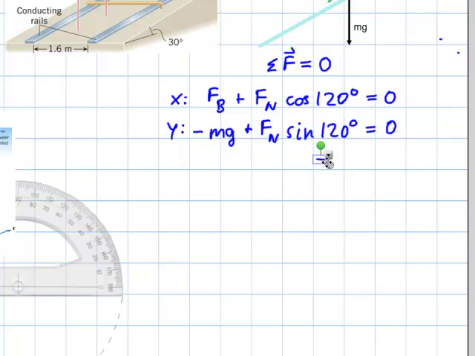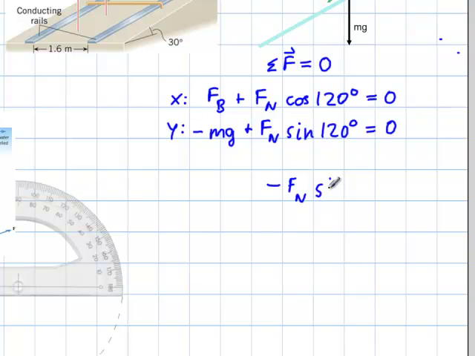except for this little piece here where my pen just moved over there. So I'm going to, as I said, move these two things to the right hand side, so I'm going to have negative Fn sine 120 degrees.